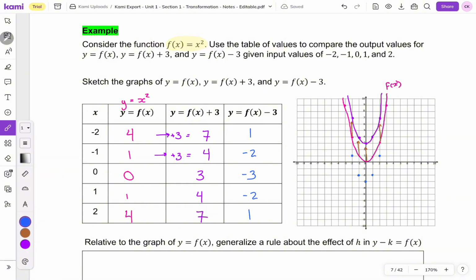And we could find this one. 1, 2, 3 down. 1, 2, 3 down. And we get our new parabola. So you can see all I did was move every output value down 3. The nice thing about these vertical translations is they don't lie.